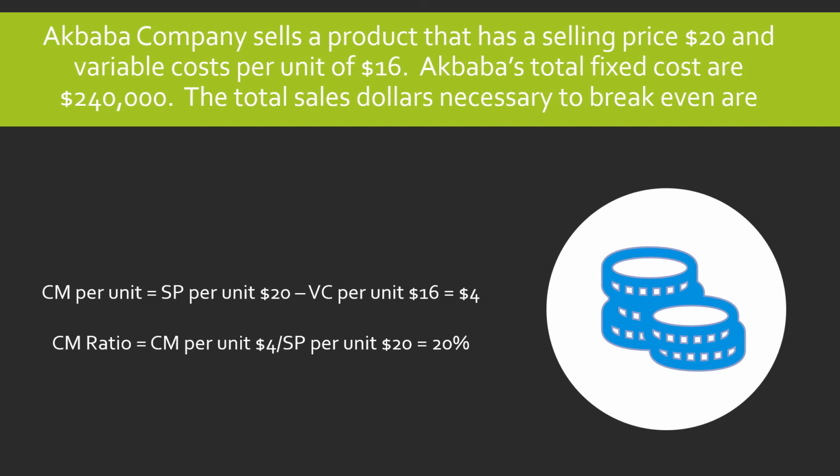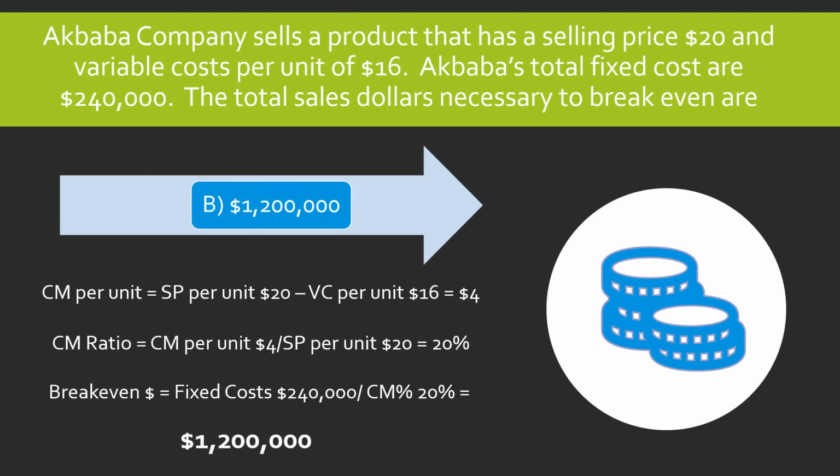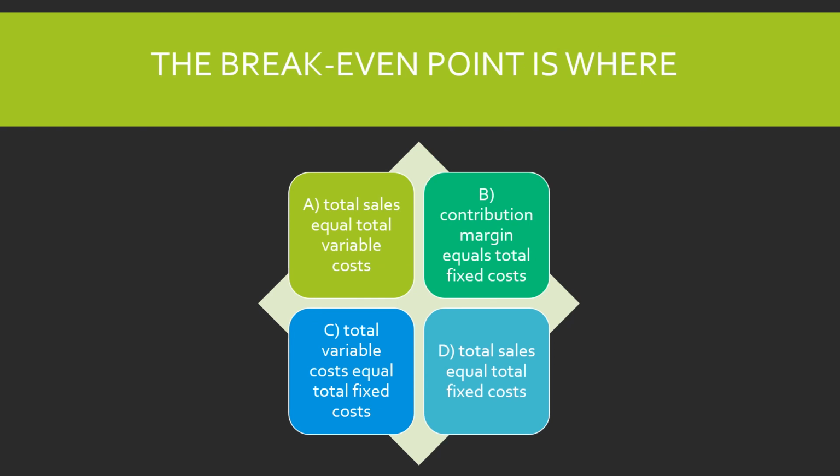This will be 20%. And then break even in dollars is my fixed cost of $240,000 divided by the contribution margin ratio of 20%, and this would give us $1.2 million. Try this one on your own. Meet me at the next slide.